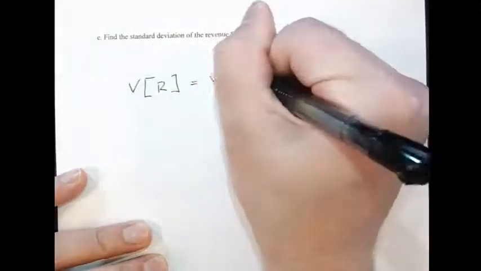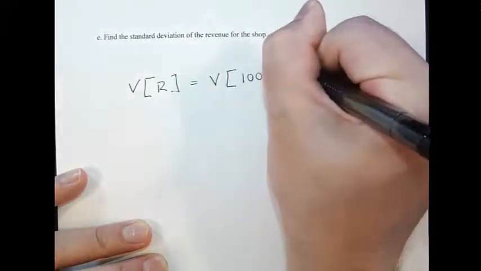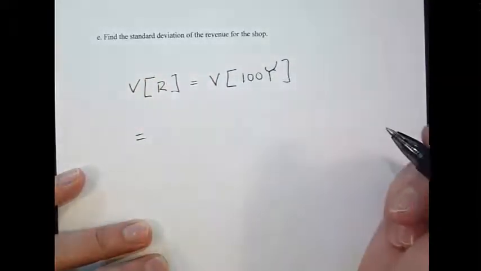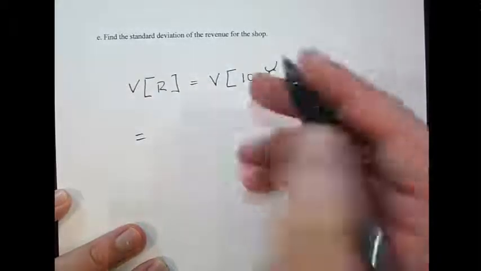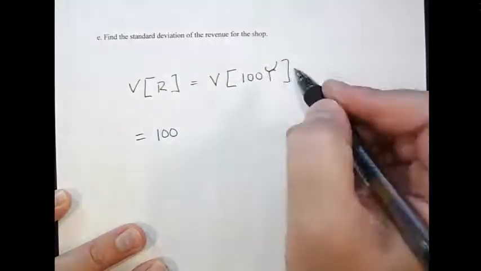If you want to find the standard deviation, you first need to find the variance. The variance of the revenue, which is the variance of 100 times Y. Variance rules work much differently. You don't just pull that 100 out and multiply it.